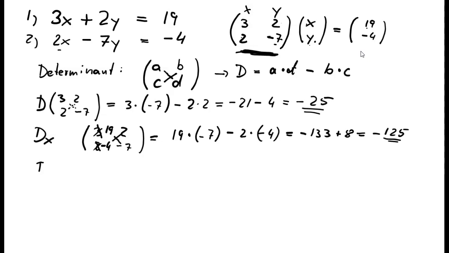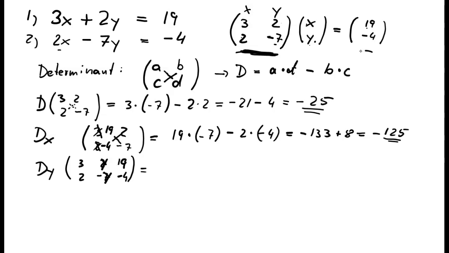We can do the same thing for the determinant of y. Here we just take the original matrix, so 3, 2, and 2, negative 7. And instead of the y values here, I cancel them out and replace them with the result vector, 19, negative 4.